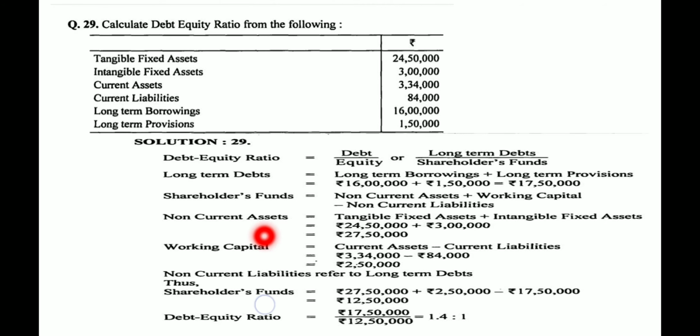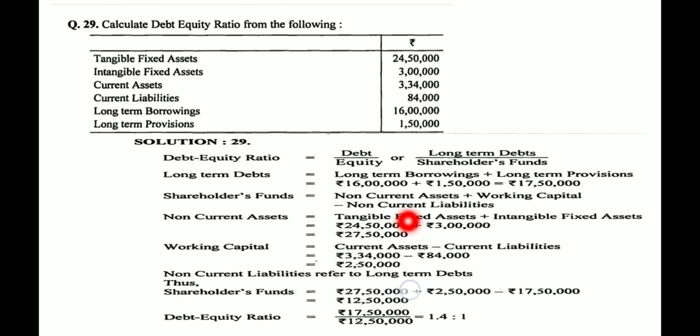Okay, and after that you have to calculate shareholders' fund. Here shareholders' fund is not given, so first of all you have to calculate total assets, and after that you can deduct the liabilities, that is long term liabilities and current liabilities, and you can easily find the shareholders' fund.